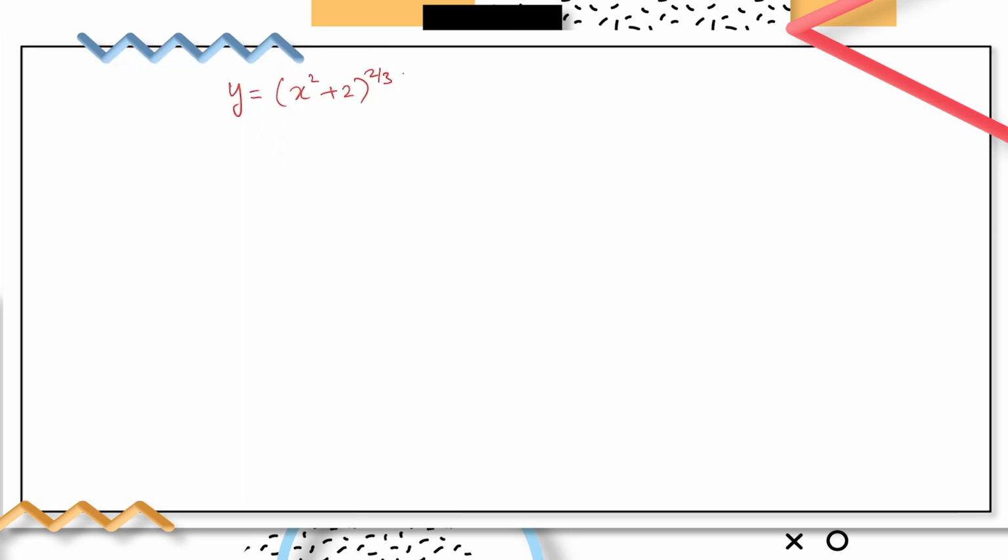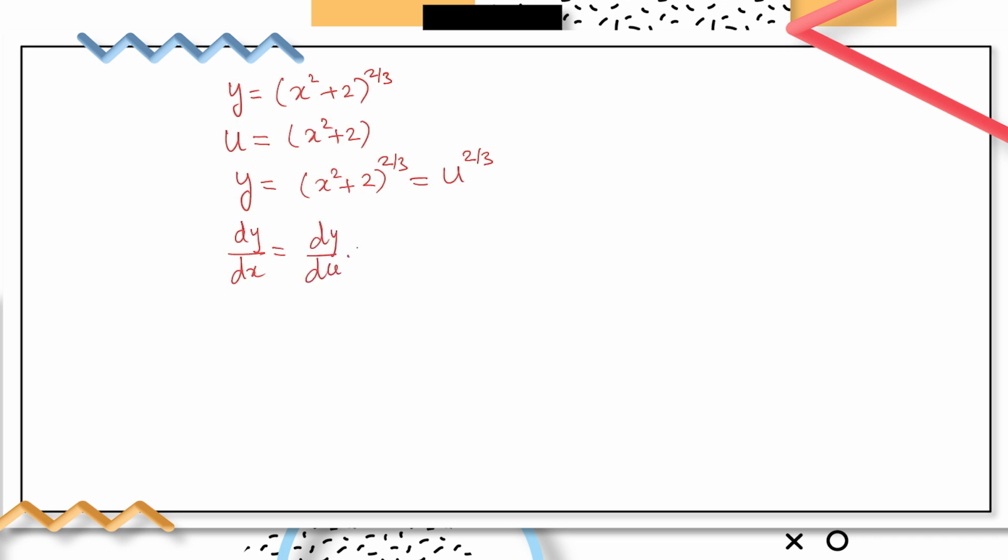For your better clarity, let me solve it separately for you. So the question given to us was y is equal to (x square plus 2) to the power 2 by 3. You can solve this numerical by taking u is equal to x square plus 2. Taking u is equal to x square plus 2, you can write y is equal to (x square plus 2) to the power 2 by 3 is equal to u to the power 2 by 3. So that means dy by dx, by applying the chain rule, will be dy by du into du by dx.